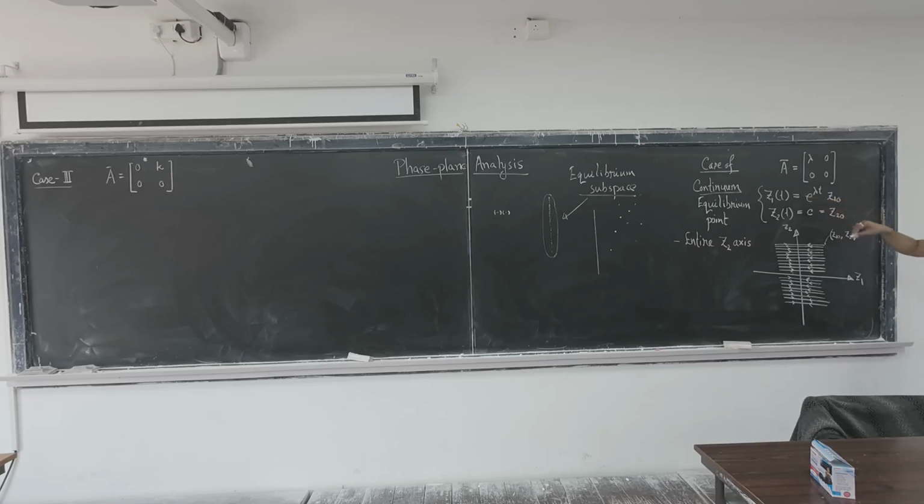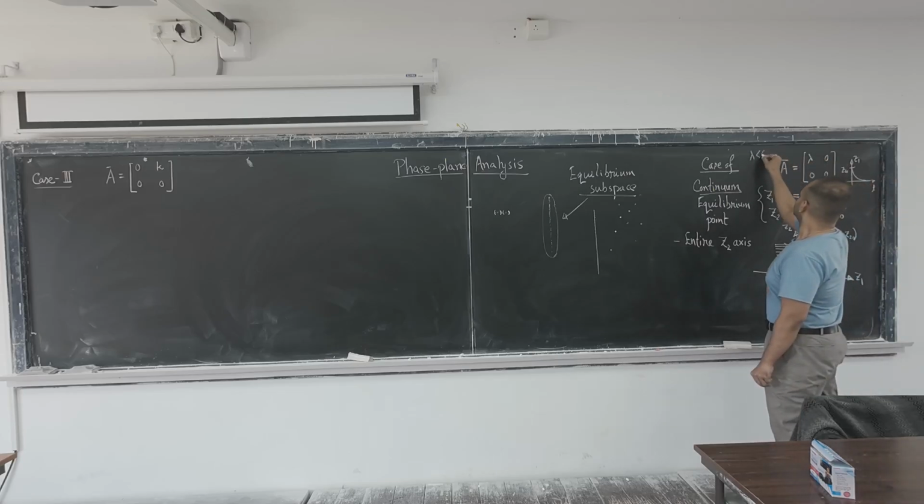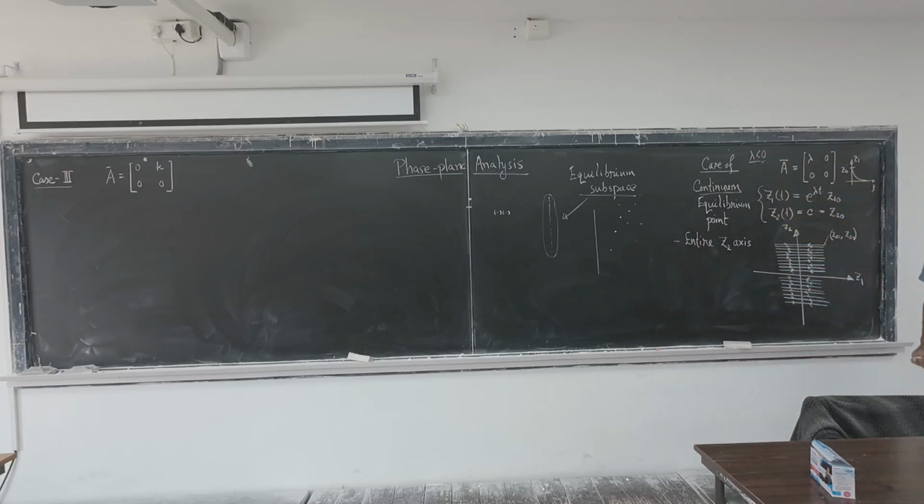For that we have to check the trajectory of Z1. Z1 will always be decaying because in that case I can consider lambda negative. So if you start from this point, Z10, Z20, both positive, what would be the trajectory for Z1(t)?